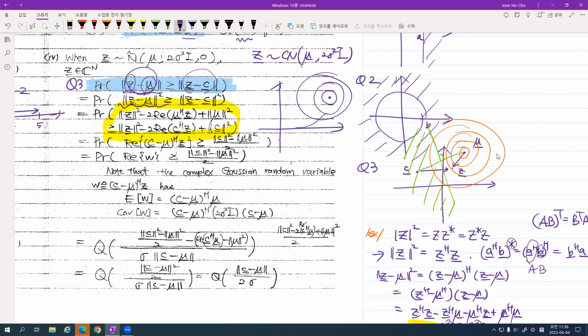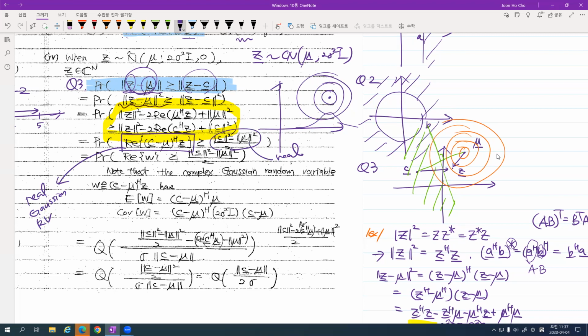Then the real part is simply real Gaussian. So what does that mean? It's a real Gaussian random variable. And this is a real number.